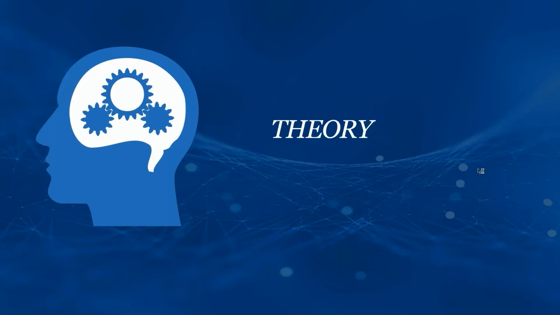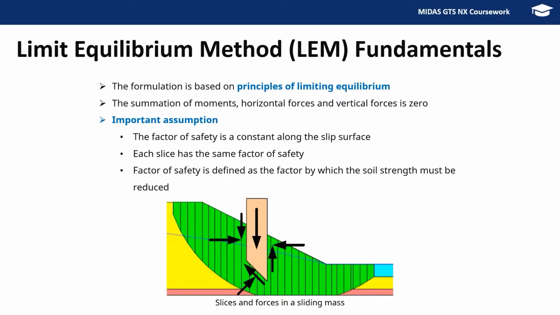In the theory for slope stability analysis, we will start with basic LEM fundamentals. LEM is nothing but the limit equilibrium method. I am quite sure most of you are very familiar with it. It's based on the summation of moments, horizontal forces, and vertical forces being zero, but there are some important assumptions.